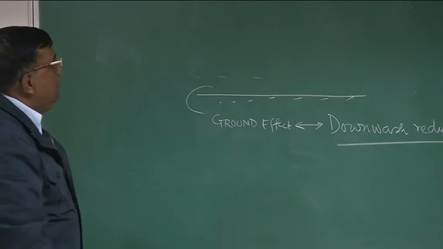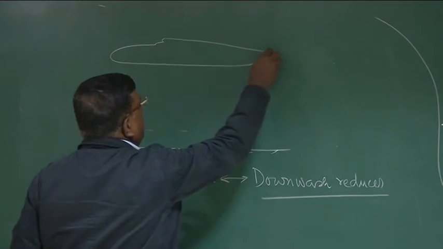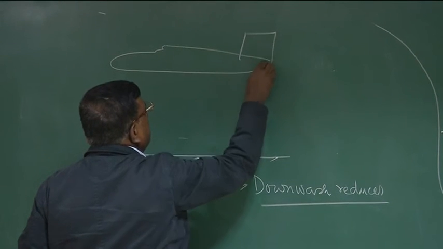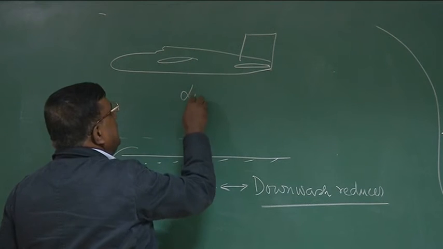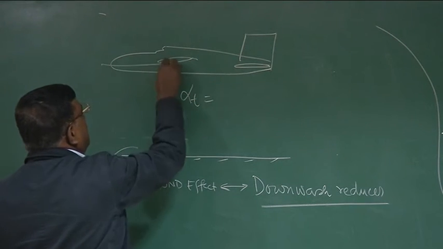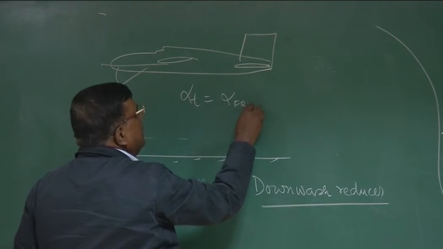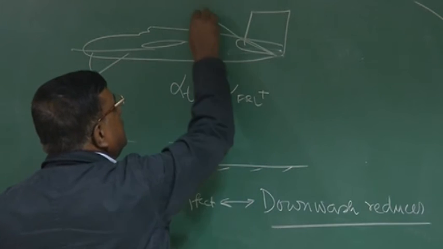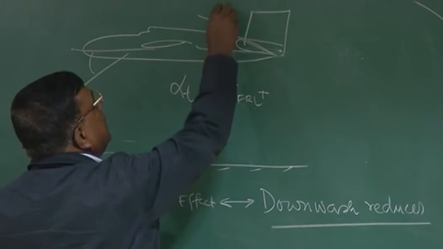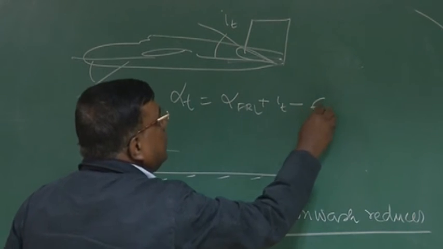So because of ground effect, the downwash reduces, and what is the effect of that? Remember, when we were modeling in free air or free space, far away from the ground, we said alpha tail is alpha FRL, fuselage reference line, plus i_T, some setting angle, you can check the earlier note, but minus epsilon.